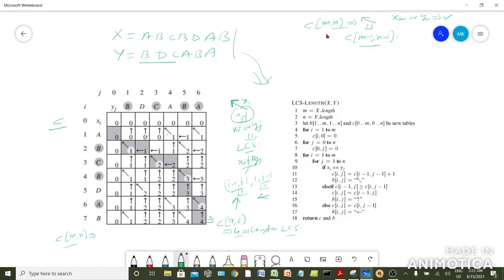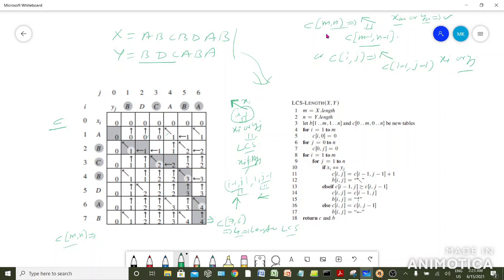You need to print this one or this one, and move to the diagonal element. In terms of i and j, if we were on i and j and the arrow was diagonal, then we need to move to C of i minus 1 and j minus 1 after printing the value of x i or y j.